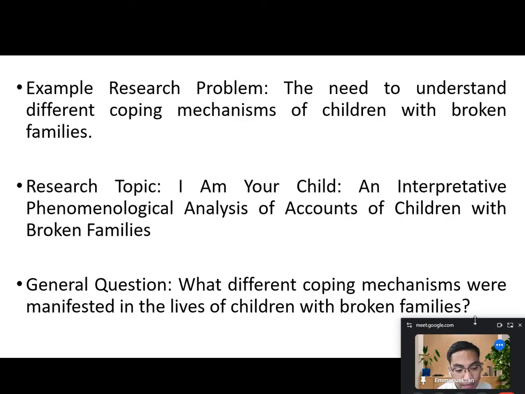There are elements to follow, and of course there are standards to follow. But here, consider this. We have identified the research problem. Then what's the research topic? Now, I Am Your Child is actually the title. I Am Your Child: An Interpretative Phenomenological Analysis of Accounts of Children with Broken Families.